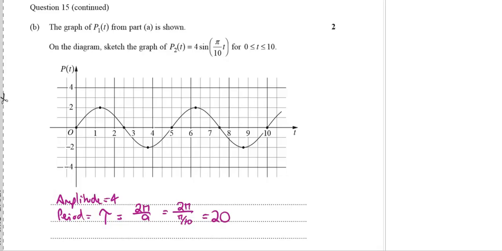So the halfway point is here, 5, 4. I know when I'm 1/3 of the way through that piece, I'll be at 2. I need to go up and down.